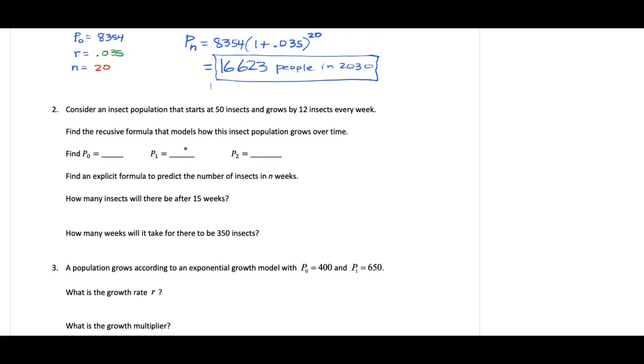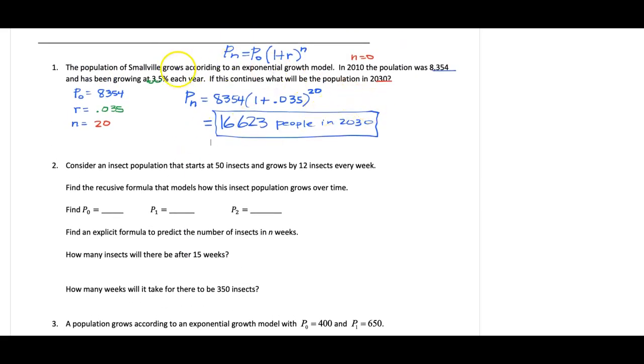Okay, so let's look at this next one. Consider an insect population that starts at 50 insects and grows by 12 insects every week. When I'm looking at this, there's no percent. It's not a percent change like I had up here, and that percent change is telling me it's exponential.